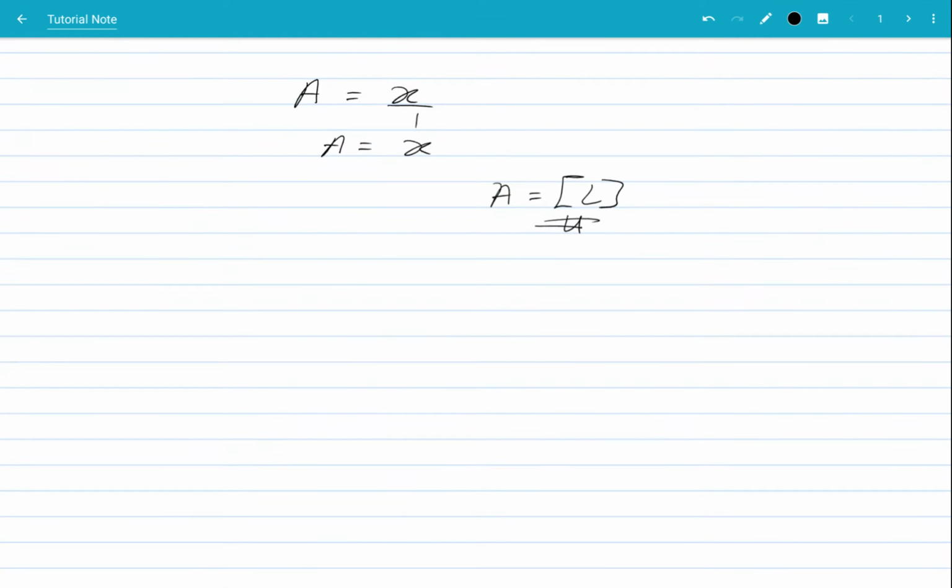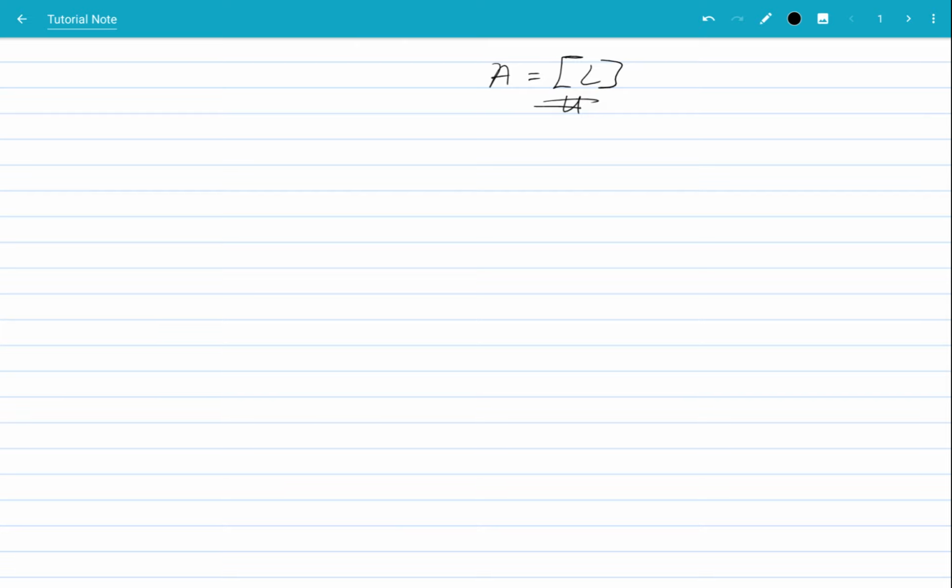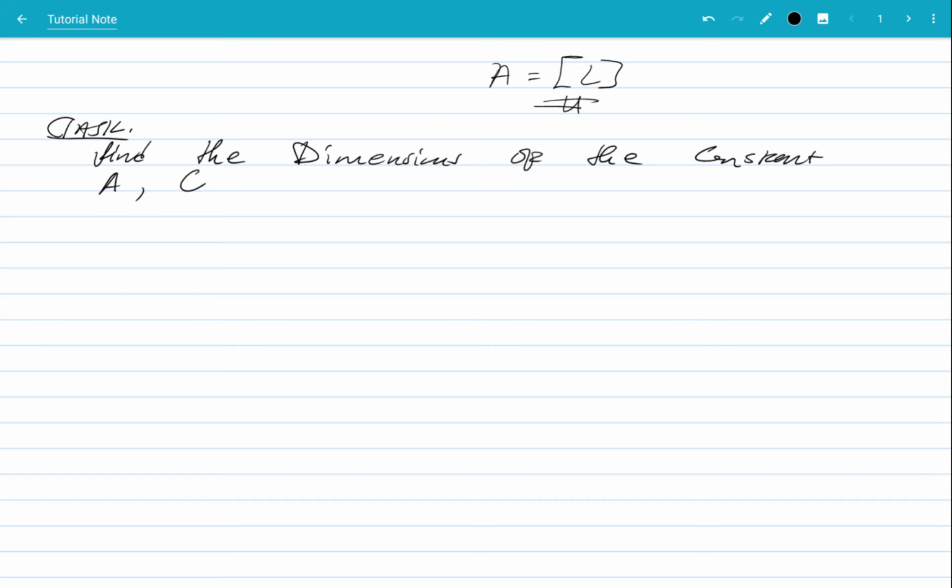Alright, so let me give you a task. So simply find the dimensions of the constants A, Q, Z, and P in the expressions below.